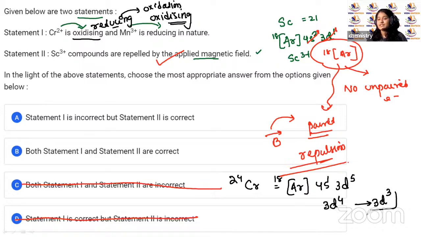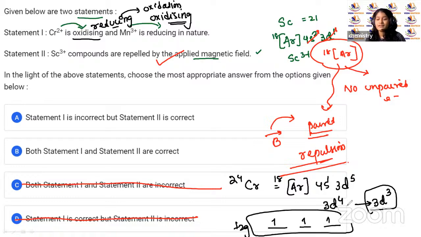When it undergoes oxidation, it is going to have 3d3, which is very stable. Why is 3d3 very stable? Because we know that t2g is half filled. So going from 3d4 to 3d3 is more stable, so it is undergoing oxidation. That's why it should be reducing, but here it is written oxidizing, so this is wrong, right? Let's look at the other one.